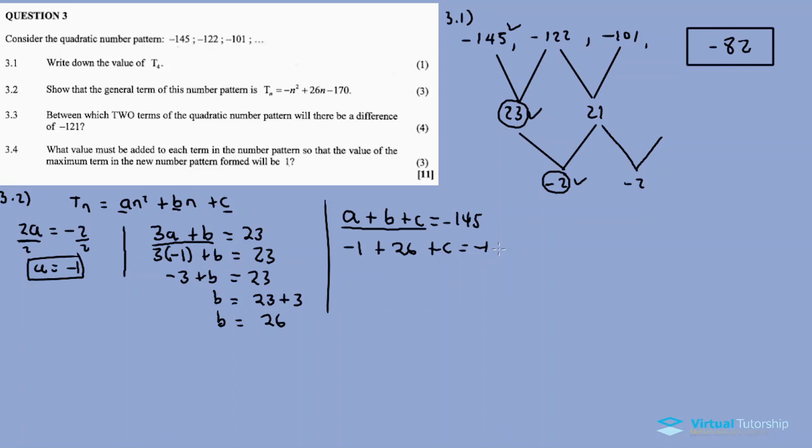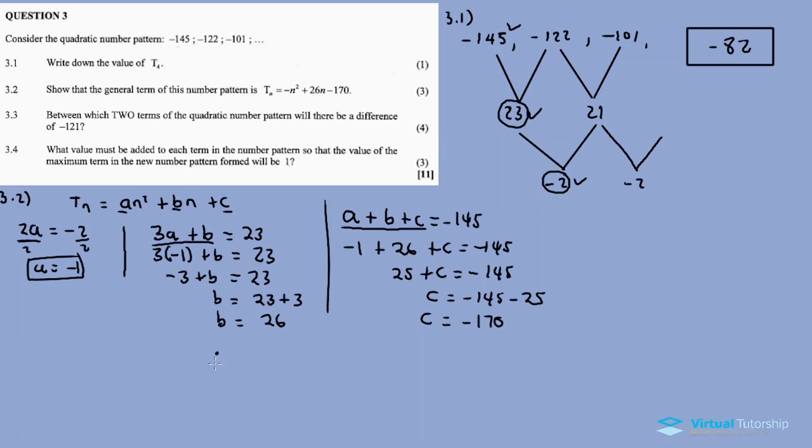Sifuna ukucalculate yena ke manje. So -1 plus 26 is 25 plus c equal to minus 145. C is equal to -145 minus 25.